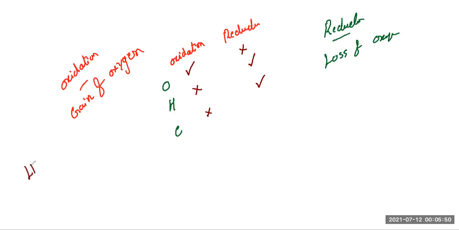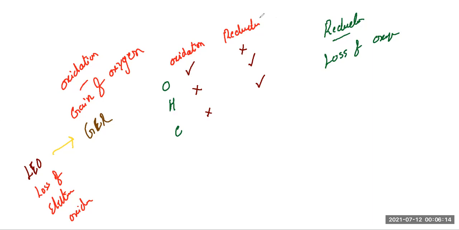To remember this, we have a small analogy, guys. That is LEO. Leo stands for lion. So what does a lion do, guys? It will roar, right? So let's take the roaring of a lion as GER. LEO stands for loss of electrons. So remember, loss of electrons is oxidation.